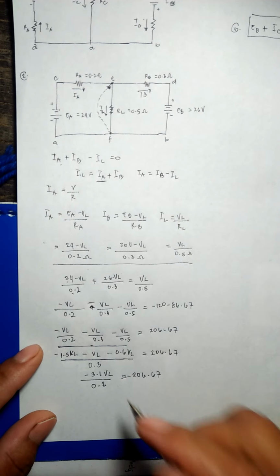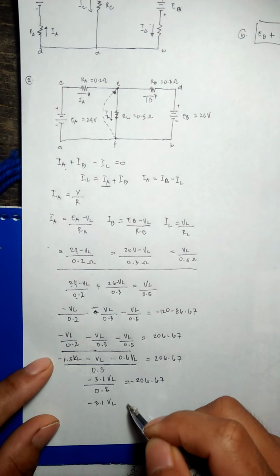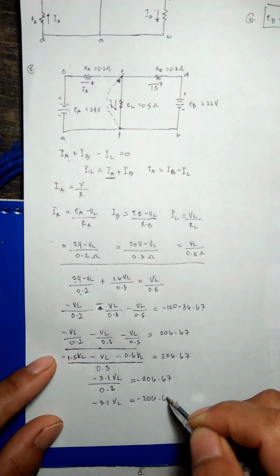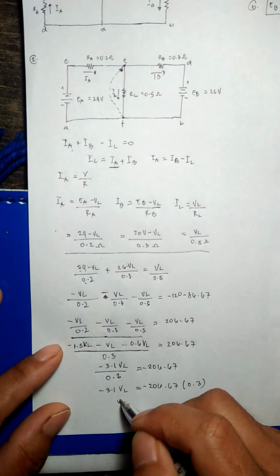Then cross multiply: negative 3.1 VL equals negative 206.67 times 0.3.